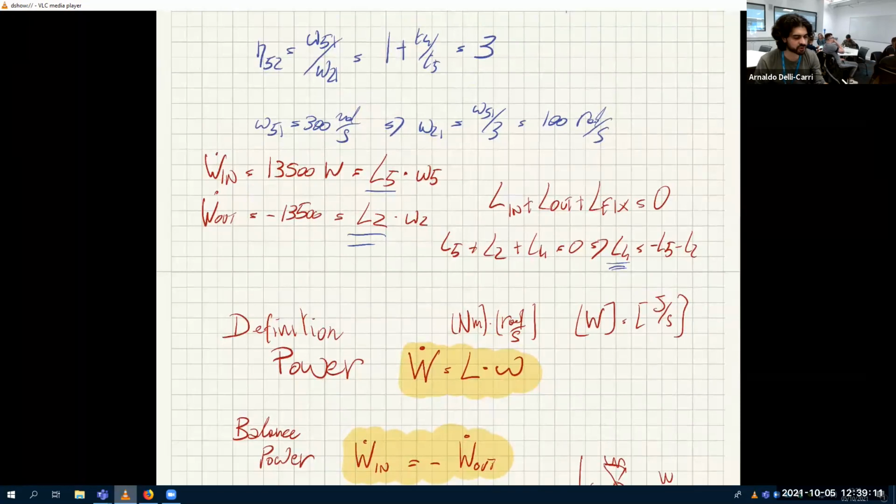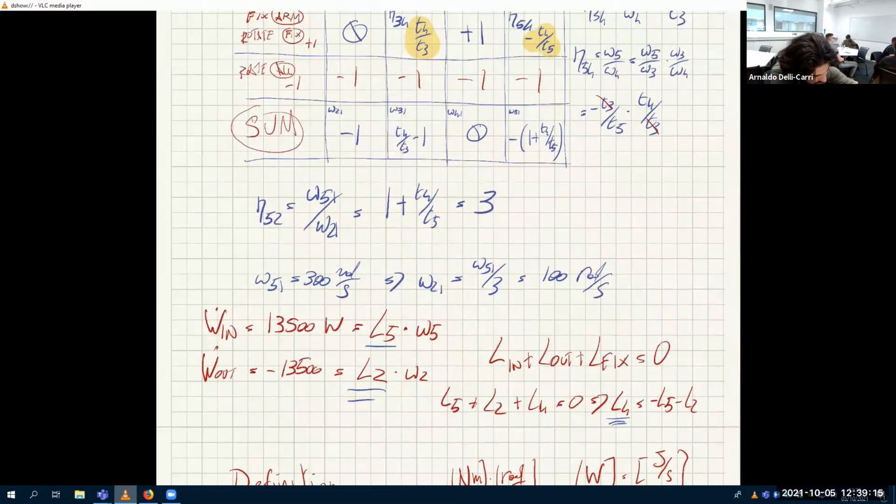So help me out. How much is L5? L5 is rate of power, so power in divided by omega 5. And how many Newton meters is this? 45.